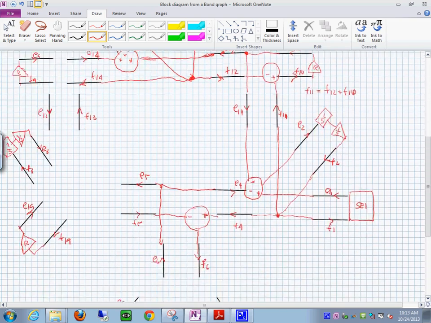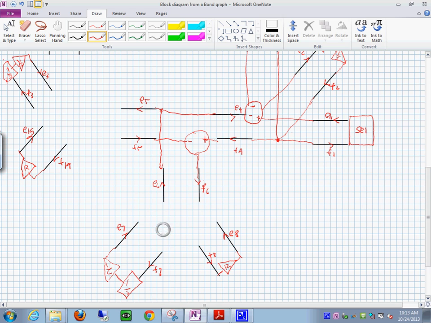And then we're going to go down to this one. All the flows are the same, so we will maybe make it converge here like this. All the flows are the same, but the efforts will sum.